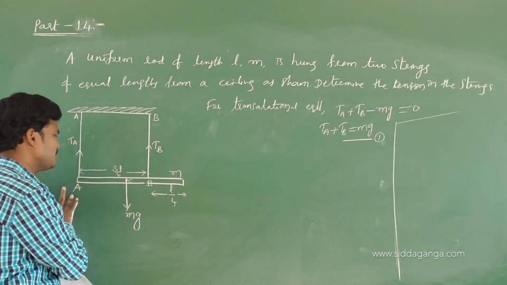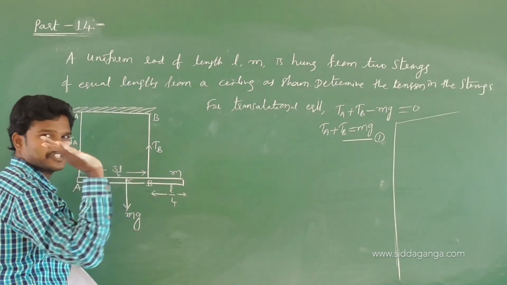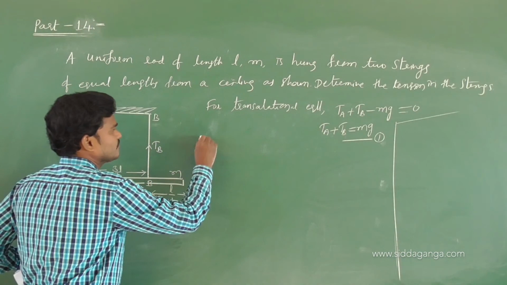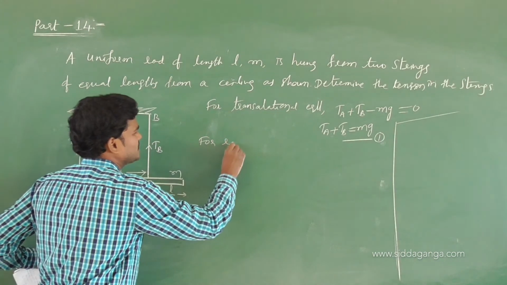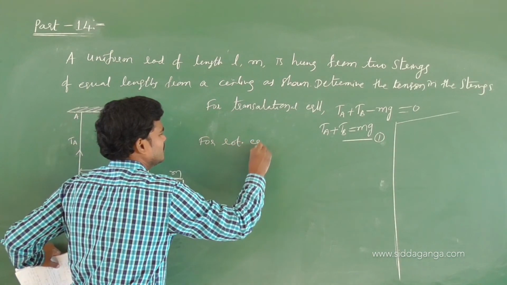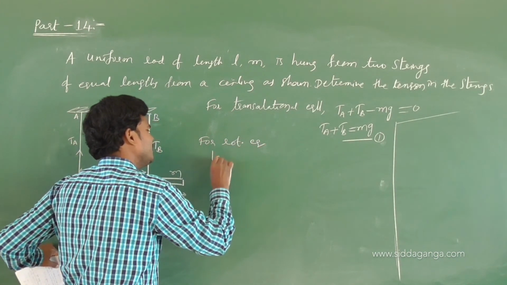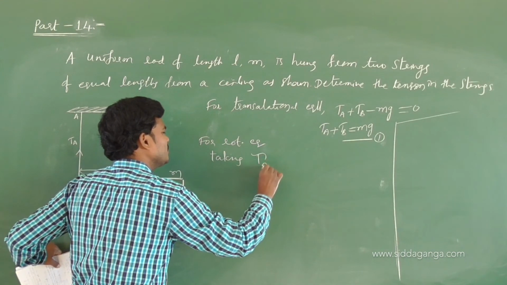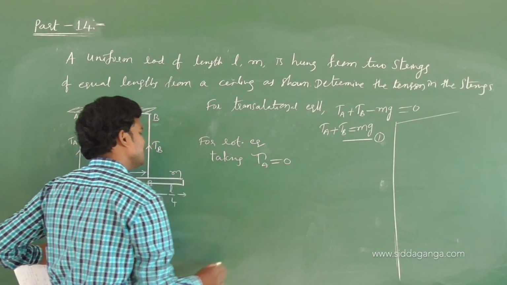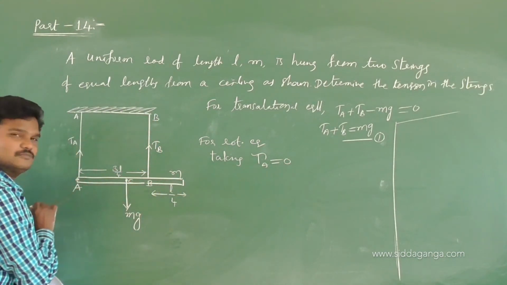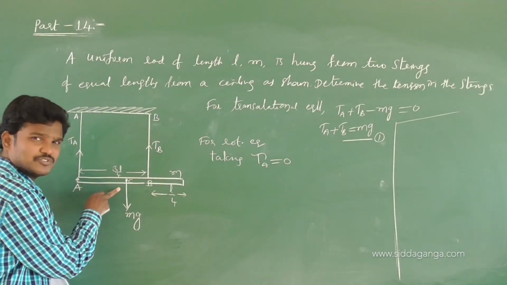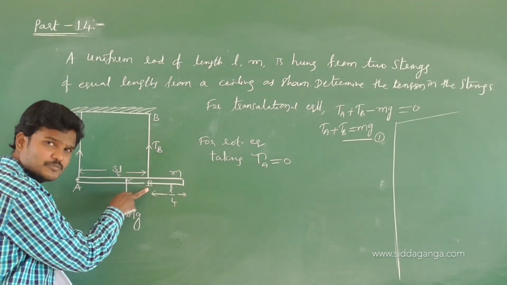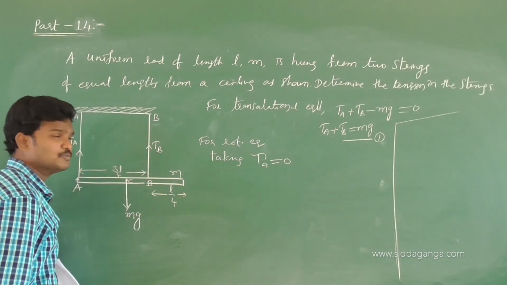Let me take, for rotational equilibrium, torque about A equal to 0. You try by taking torque about C, you try by taking torque about B, you will get the same answer. So no need to worry.